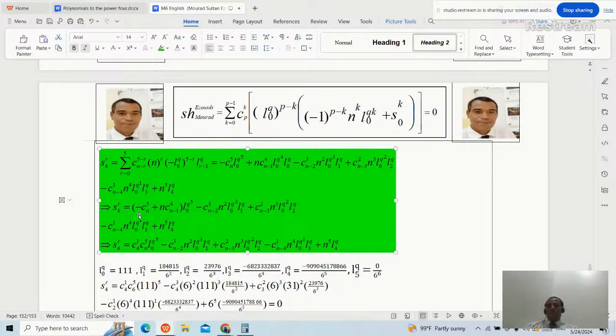We told that this, minus combination n choose 5 plus n combination n minus 1 choose 4, in fact is combination 4 choose 1, or just 4 times combination n choose 5 times L0 of order q to the power 5, minus n minus 3 choose 3 times n square times L0 of order q to the power 3 times L1 of order q, plus combination n minus 3 choose 2 times n cubed times L0 of order q squared times L2 of order q, minus n minus 1 choose 1 and n raised to the power 4 times L0 of order q times L3 of order q, plus n raised to the power 5 times L4 of order q.